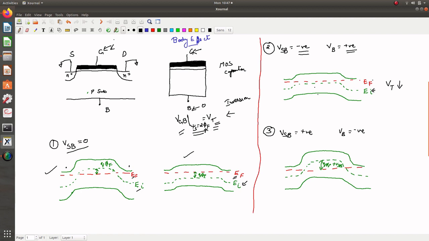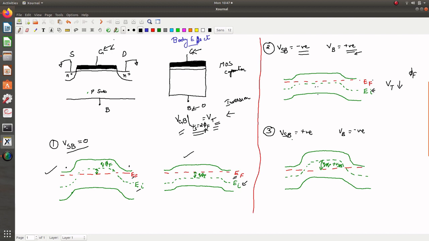The only thing is that it has to be brought down so that it is phi f beneath the Fermi level. So the required threshold voltage decreases when there is a positive voltage applied to the body or the substrate.